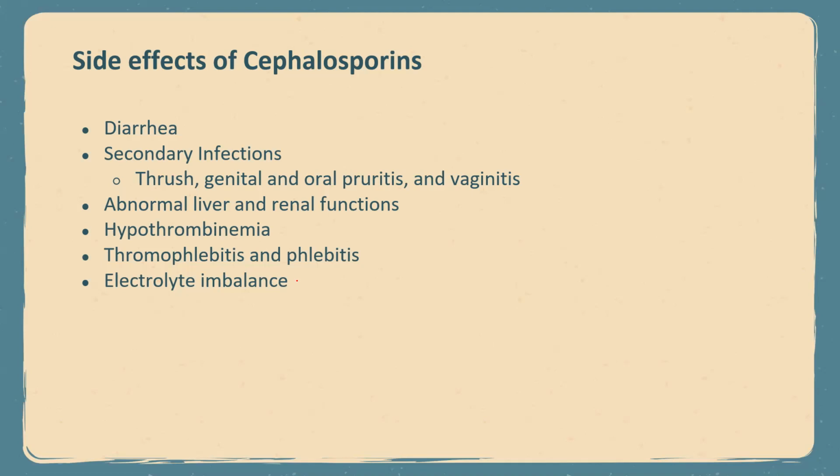Secondary infections like thrush, genital and oral pruritus, and vaginitis are common because of the resistance to the original antibiotic used. And then we also have abnormal liver and renal functions. As we all know, it is nephrotoxic, which is why there are abnormal renal functions. We also have elevated AST, ALT, and alkaline phosphatase tests for patients taking cephalosporins.